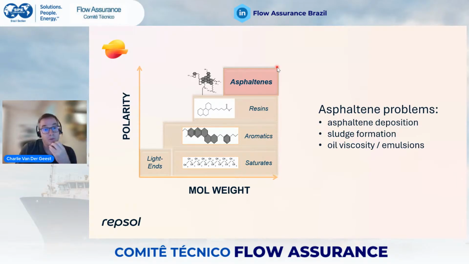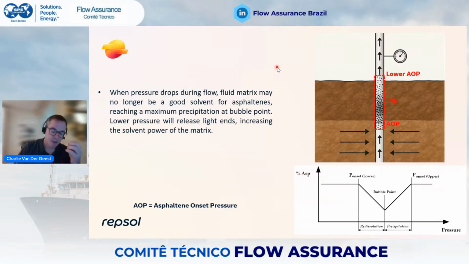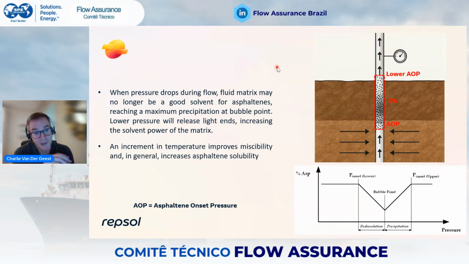So you have a big problem in your separator when your emulsions get there, obviously. The good thing about asphaltenes is that it's not all bad. They're usually not the worst, because they have a window of problem.